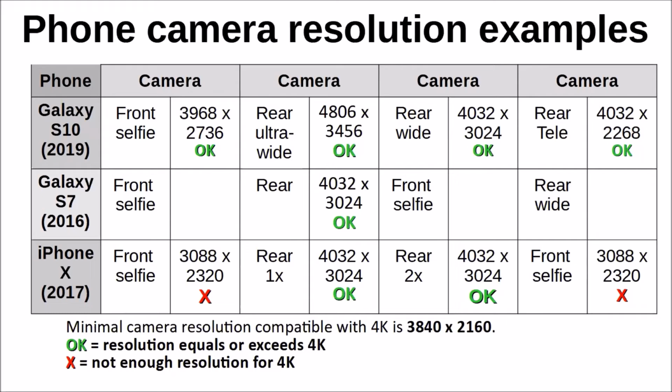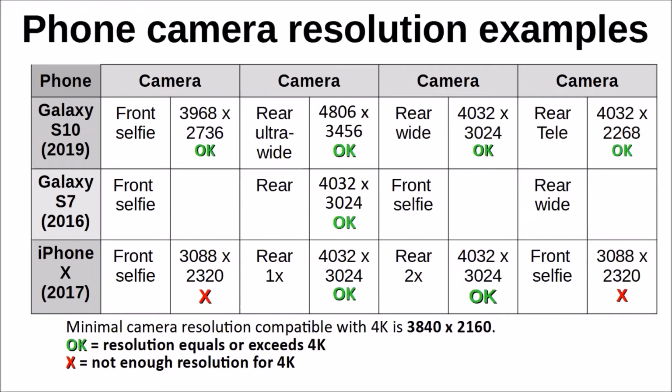When you have a device with multiple cameras, it may be that only one of them will be compatible with 4K. Now here's the iPhone 10, which I bought used recently, and its front selfie camera does not have enough resolution for 4K, but the 2 cameras on the back do.